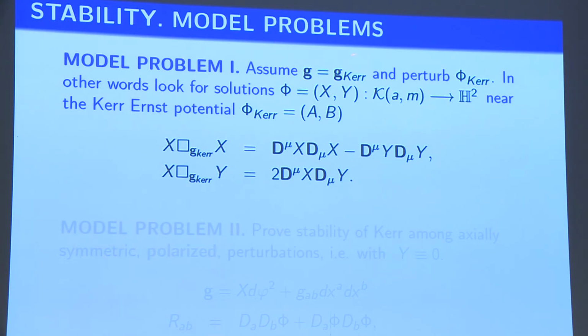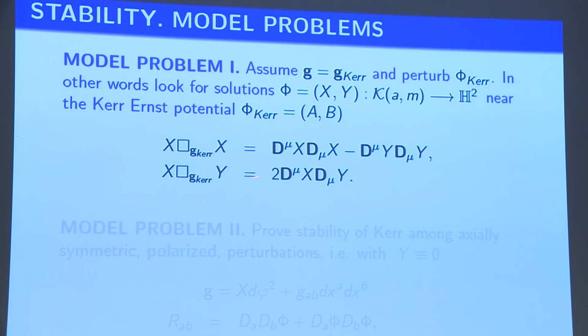The G is actually fixed, and you have the Ernst potential of Kerr itself, which exists. Kerr itself has an Ernst potential corresponding to the vector field Z, the axial symmetry. And you look now for solutions of this equation. So this is the equation written in components for phi.